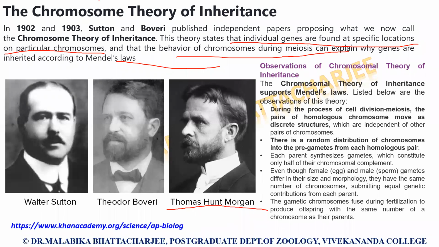So Morgan gave the hint that there is some physical exchange occurring between the chromosomes during recombination. That was how the chromosome theory of inheritance initially came up because of Sutton and Boveri, and thereafter three important experimental findings, one of Barbara McClintock, one of Thomas Hunt Morgan, and Stern's experiment, finally proved that indeed physical exchange, you have studied about chiasma, is occurring between the chromosomes during recombination.